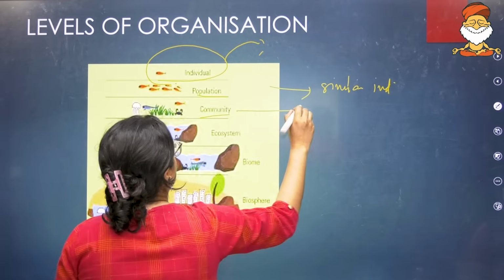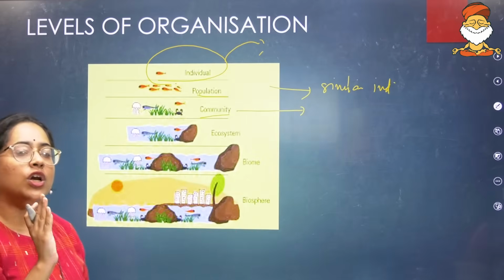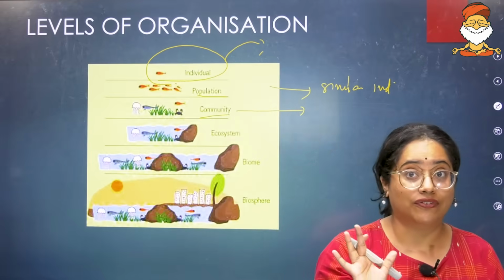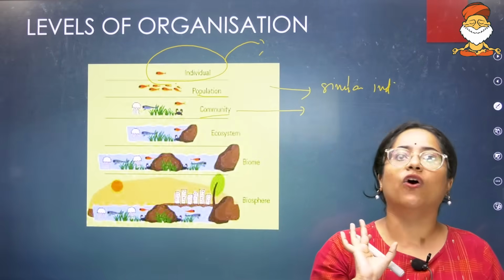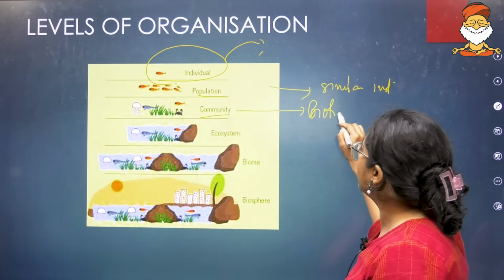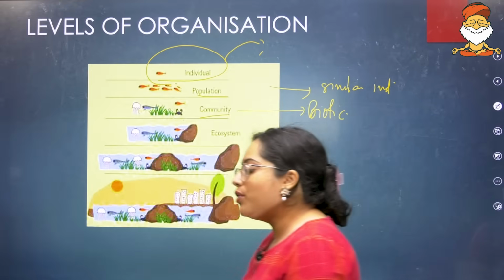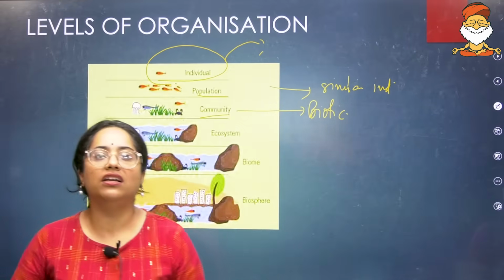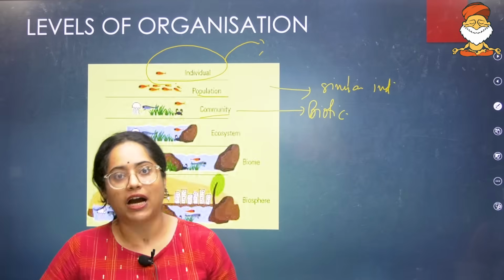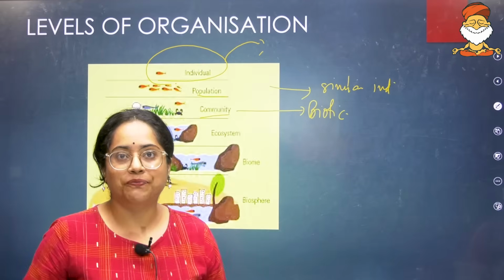That is your community. But there's one thing that's common. All the things that are there in the community, it seems like they have life in them. They have not shown any abiotic factors. They've just shown biotic factors. So I'm going to define community as a group of different biotic factors that are put together.